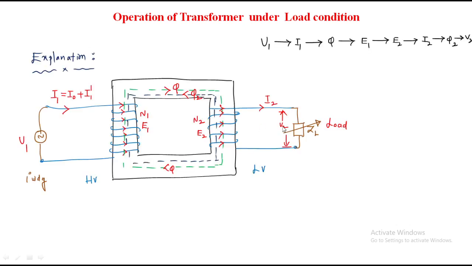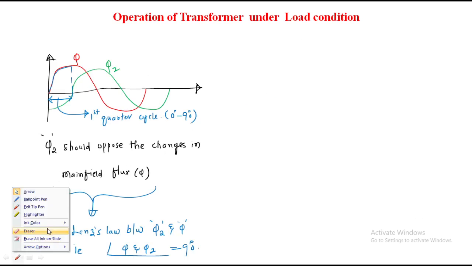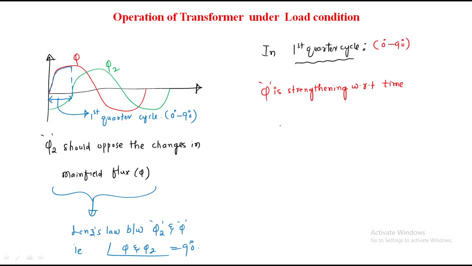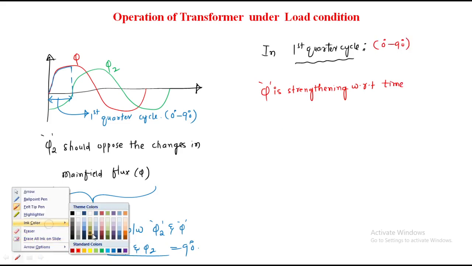Now we have to explain this point. So in the first quarter cycle, what will happen? Flux is strengthening with respect to time, right? That is 0 degrees to 90 degrees. So what is the function of phi 2?